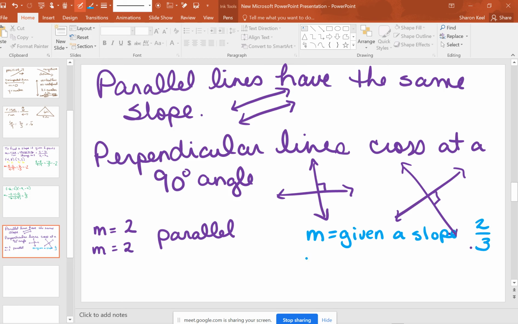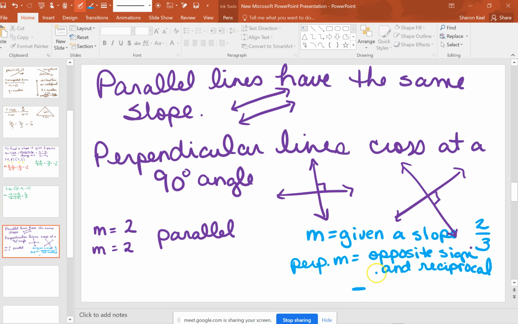The perpendicular slope is going to be the opposite sign and the reciprocal of what you were given. What I was given was a positive, so my perpendicular slope is going to be a negative. Since this is 2/3, if I wrote the reciprocal, that would be 3/2. So -3/2 would be the perpendicular slope to a given slope of 2/3.